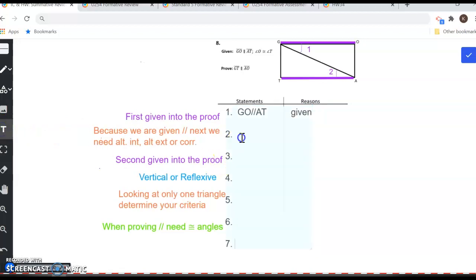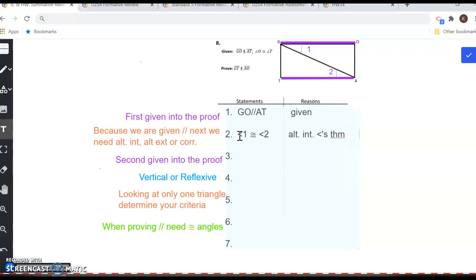So my step 2 is going to be angle 1 is congruent to angle 2. And those are alternate interior angles, and we used the theorem to say that they were equal to each other.